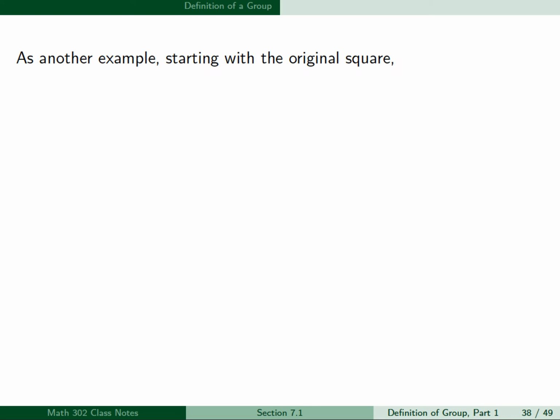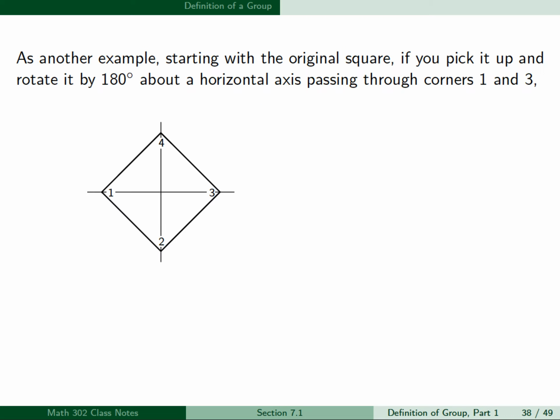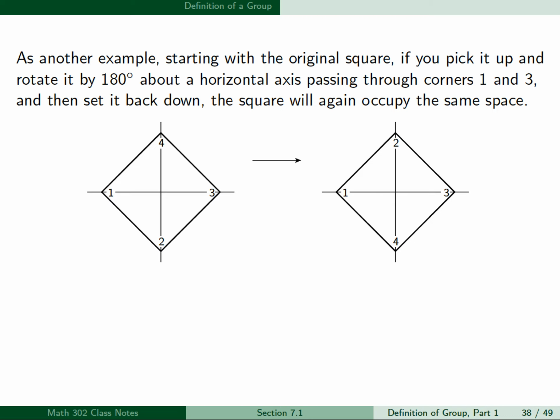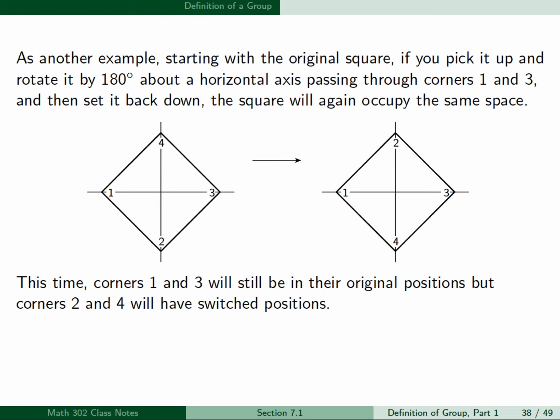As another example, starting with the original square, if you pick it up and rotate it by 180 degrees about a horizontal axis passing through corners 1 and 3, and then set it back down, the square will again occupy the same space. This time, corners 1 and 3 will still be in their original positions, but corners 2 and 4 will have switched positions.